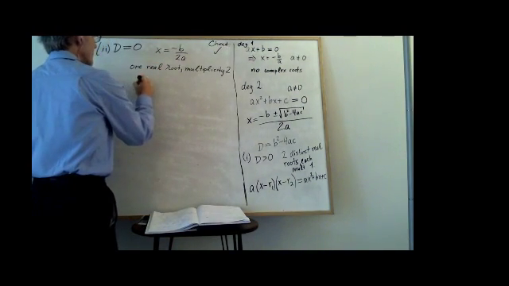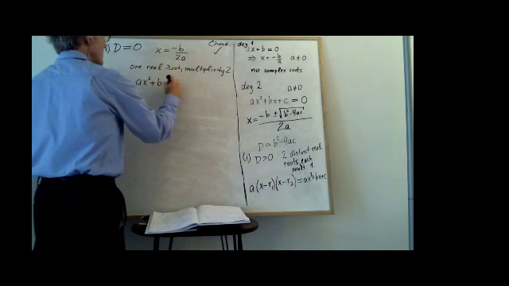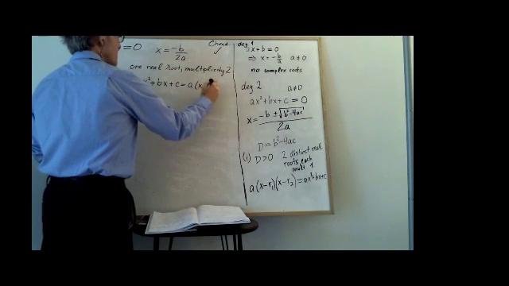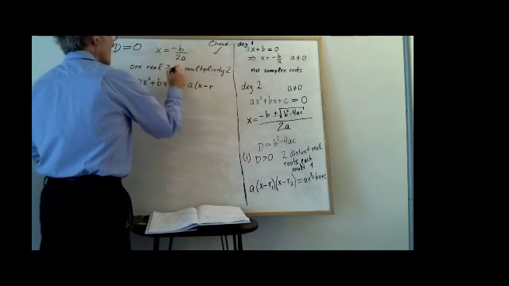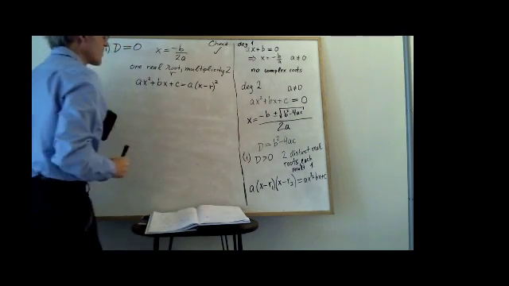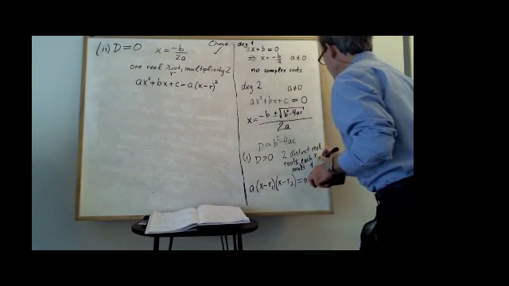So the quadratic polynomial can be rewritten as a times x minus r, the real root r, quantity squared. Here they've called the real roots r1 and r2, by the way.